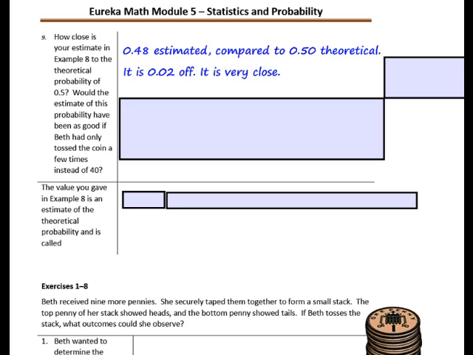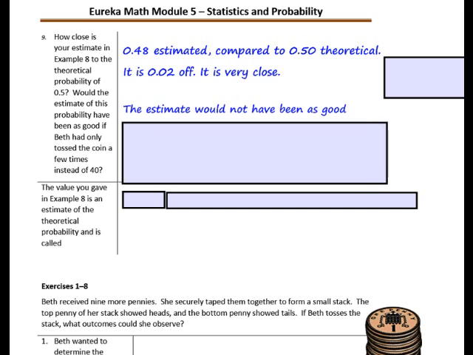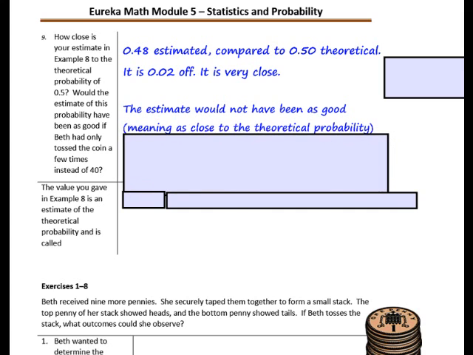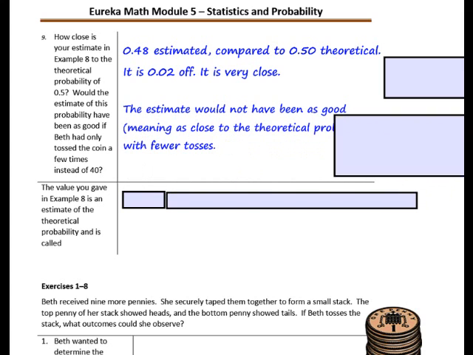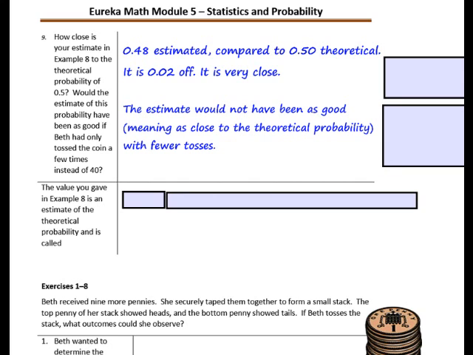Would the estimate of this probability have been as good, meaning as close, if Beth had only tossed a coin a few times instead of 40 times? The estimate would not have been as good, meaning as close to the theoretical probability, with fewer tosses. The more tosses you have, the closer the estimated probability will match up with the theoretical probability.